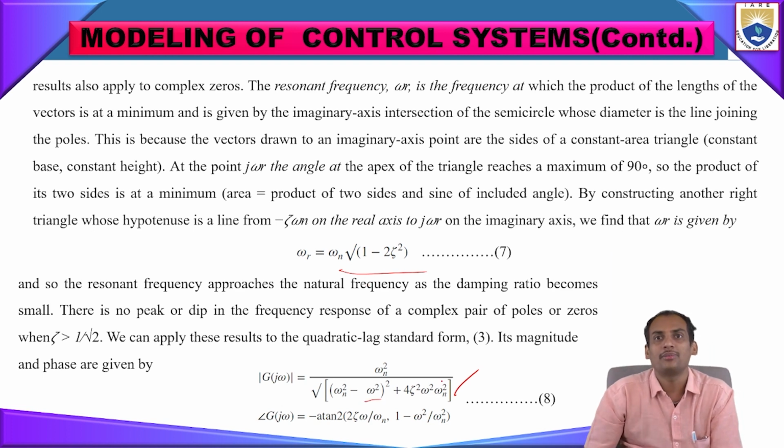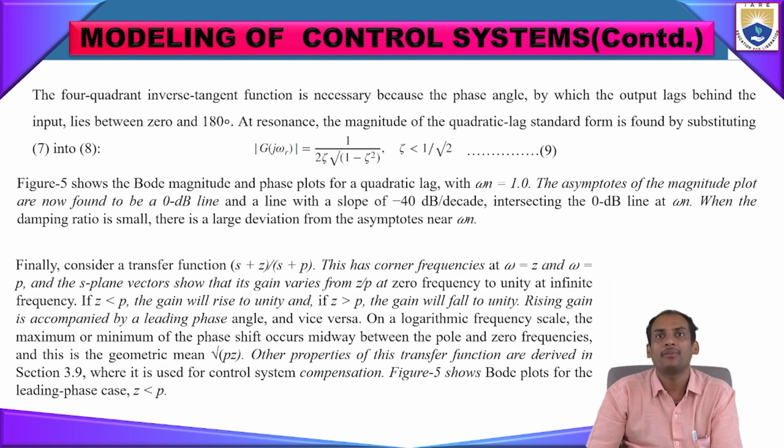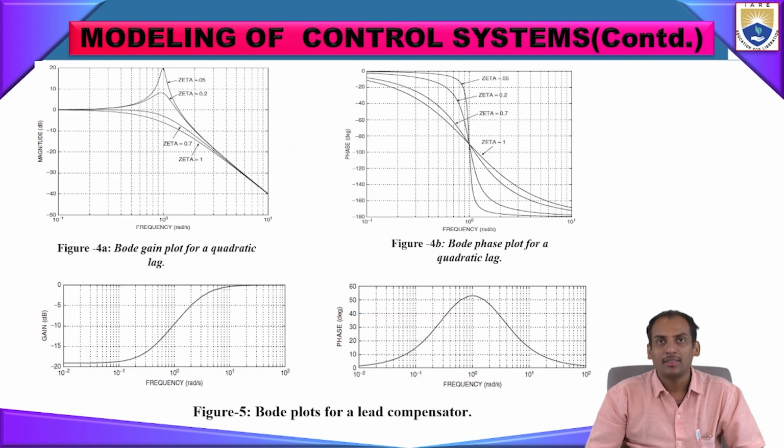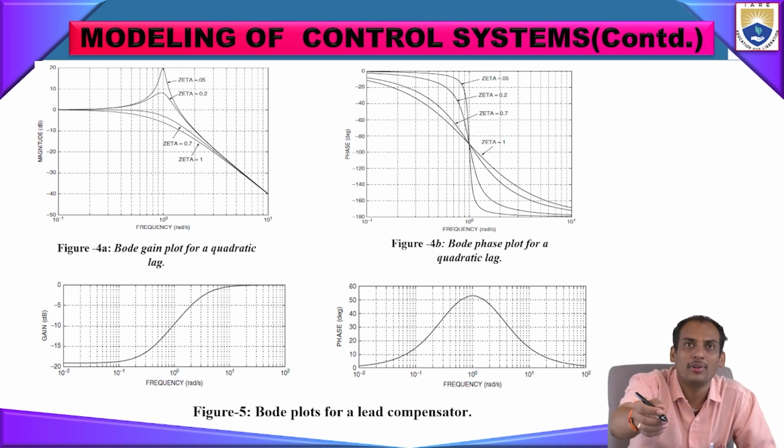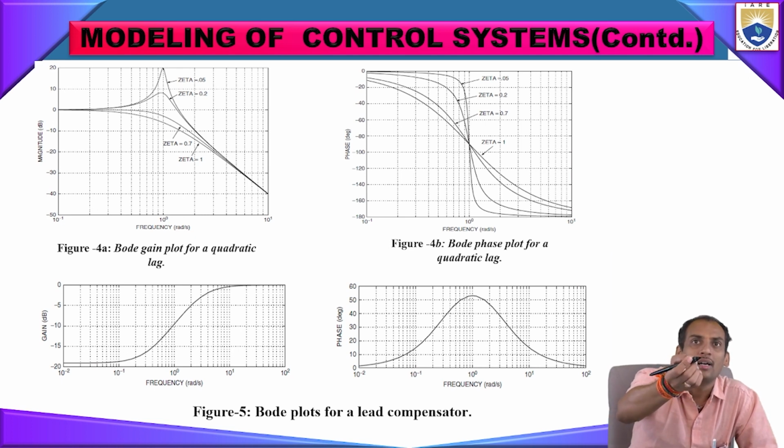In terms of omega n, if you substitute that one, then the j omega r will be in terms of zeta only. That will be 1 by 2 zeta into root of 1 minus zeta square. So here in figure 5 you see Bode plots of that one, the frequency responses for zeta values of 0.2, 0.5, 0.7 and 1.